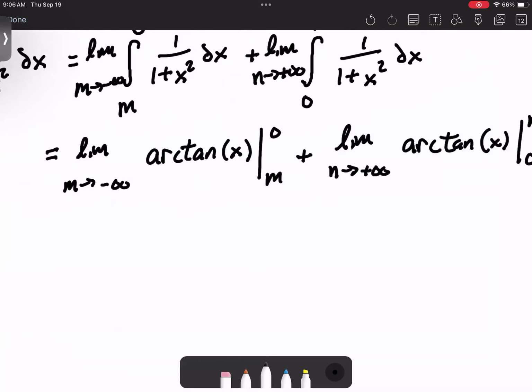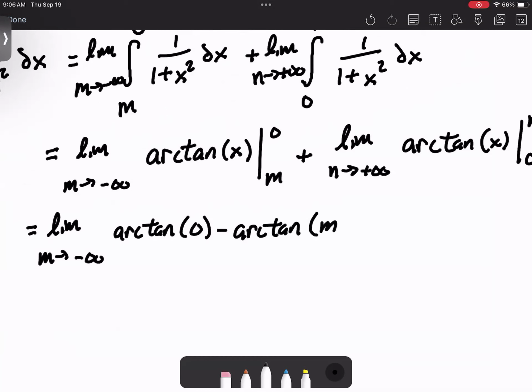Okay, so we have limit as m will go to minus infinity, arctangent of 0 minus arctangent of m. So this right here gives me the area underneath the function between 0 and m. And then after I take the limit, that will give me the area from minus infinity to 0.